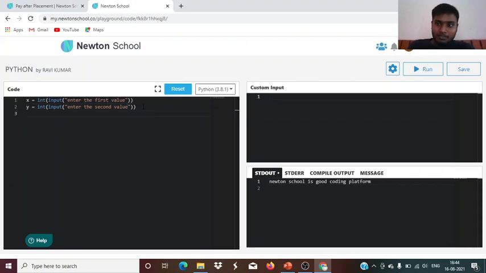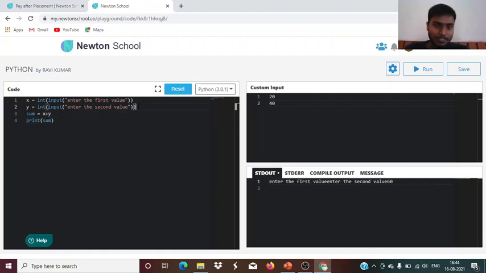Next, we compute the sum x plus y and print the sum. We give customized inputs, x as 20 and y as 40. We run the program and get the output as 60.